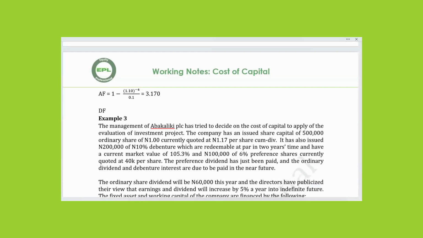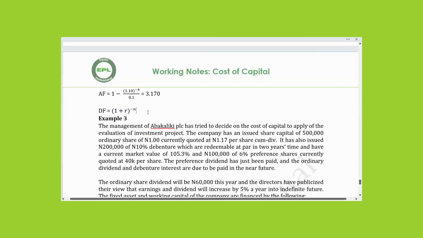So instead of doing it one by one, for example if you want to determine discount factor, discount factor is calculated as 1 plus r raised to power minus n. This is the formula for calculating discount factor.